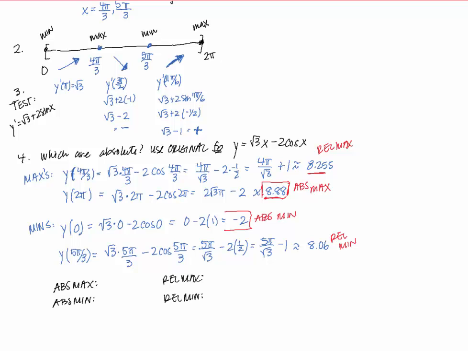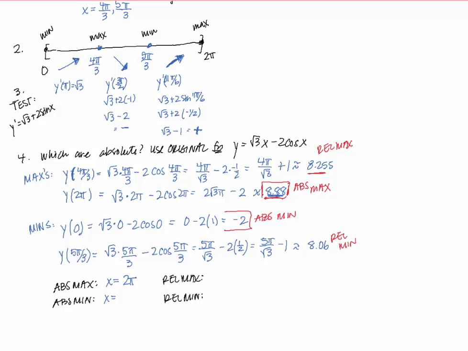Now check with your instructor for how they would like this written. I'm happy to say just where the values occur. So the absolute maximum of 8.8, that's the biggest y value the function gets, happens at 2 pi. So I'm happy to say that the absolute maximum is at x equals 2 pi.